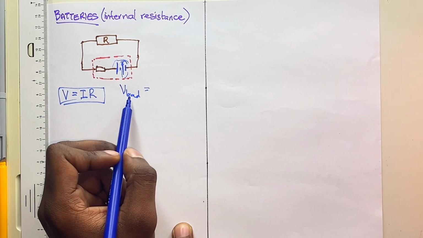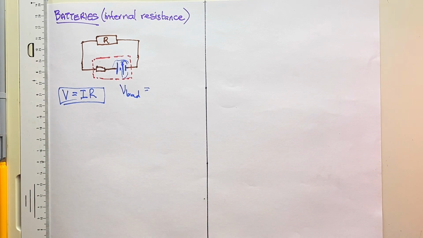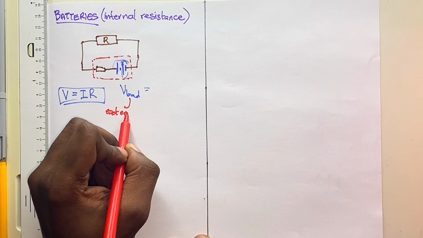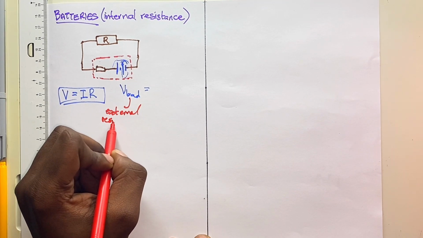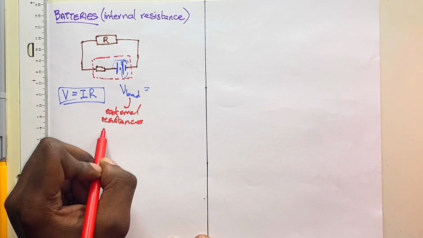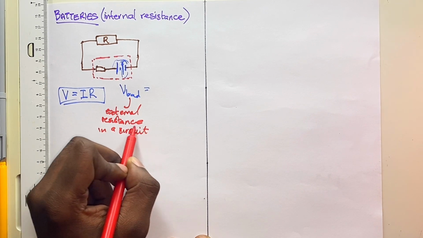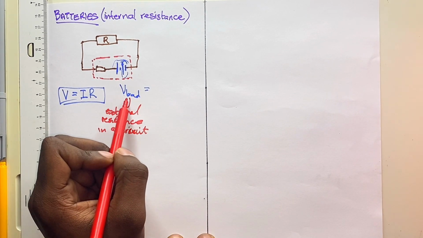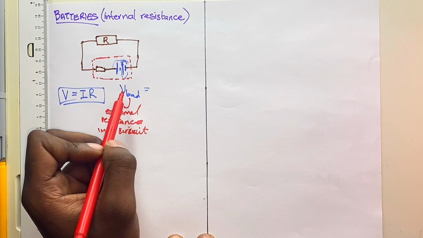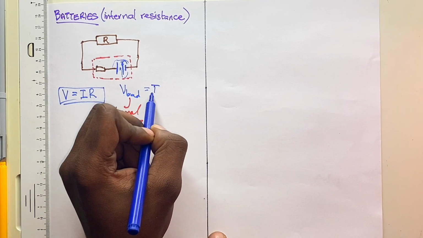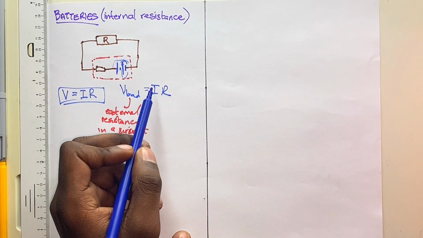Load means the external resistance in a circuit. Let's write that down: external resistance in a circuit. Because of my external resistance, V load is given by current multiplied by resistance.